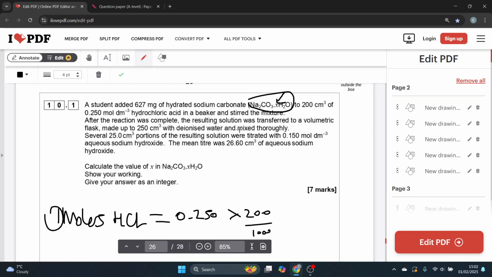After reaction is complete, the resultant solution is transferred to a volumetric flask of 250 centimeters cubed, mixed thoroughly. Several of this is titrated with this.